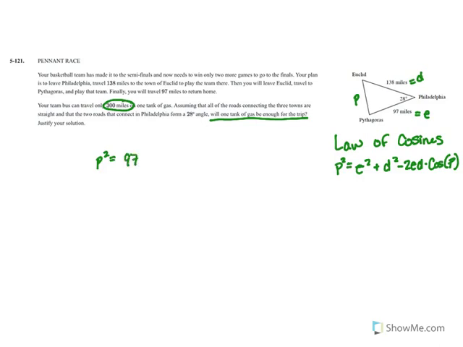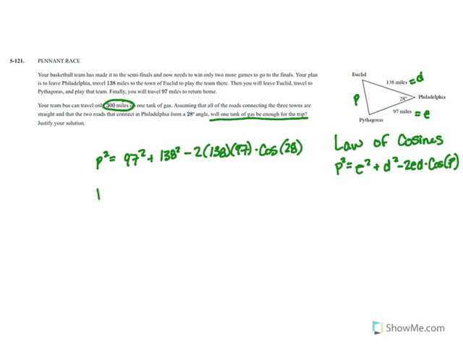Okay, so let's do 97 squared plus 138 squared. Remember, these are just the other 2 sides squared. Minus 2 times the other 2 sides times the cosine of the angle across from the side that you need. So go ahead and type that in your calculator. 97 squared plus 138 squared minus 2 times 138 times 97 times the cosine of 28.